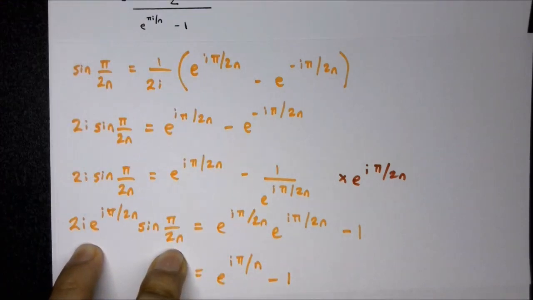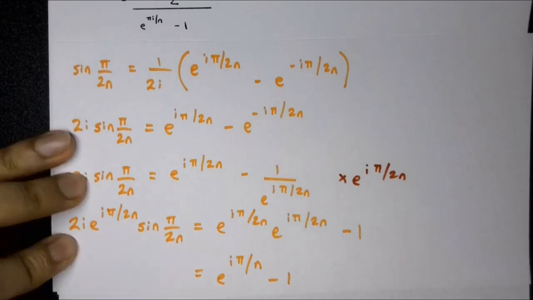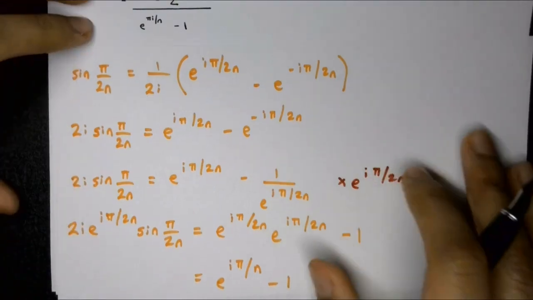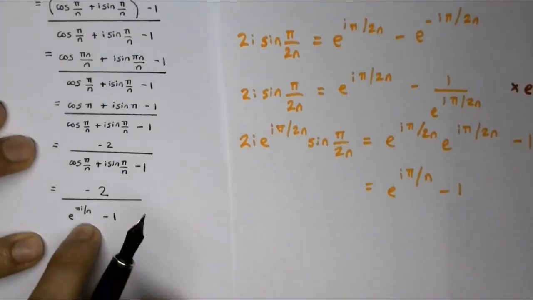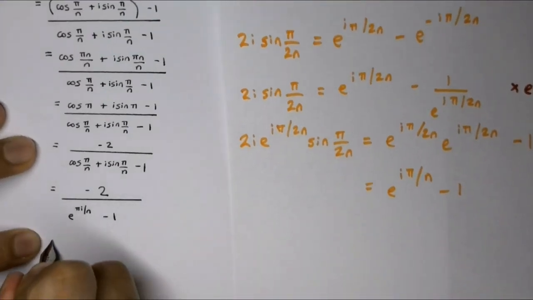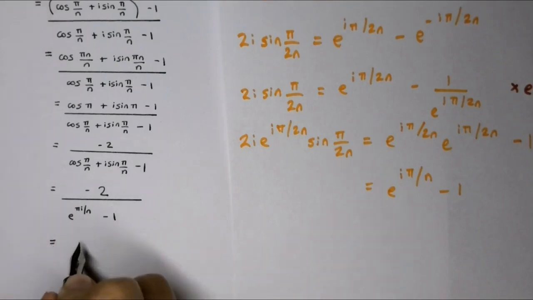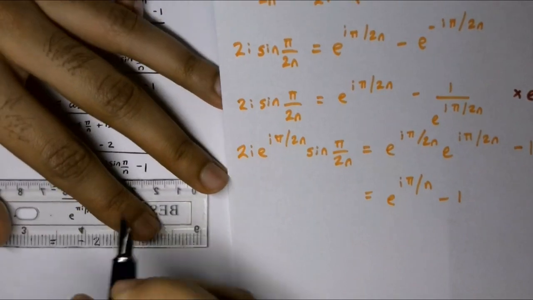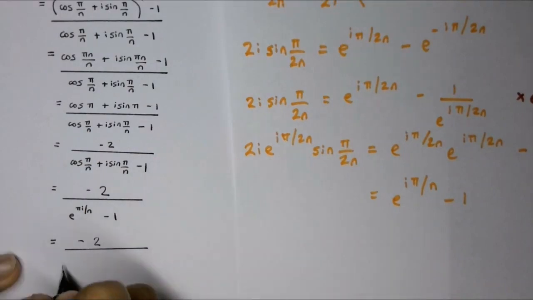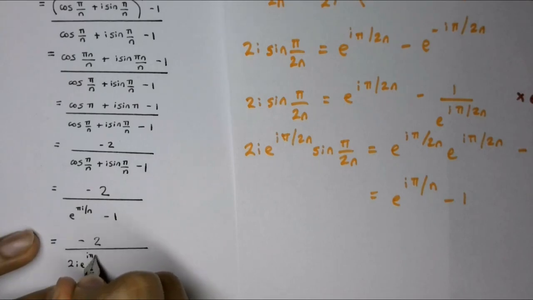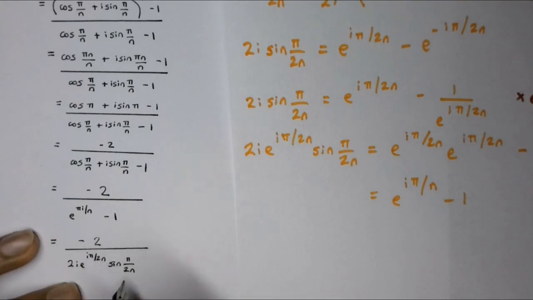And if we do that, let's just write this down. So what we've managed to do somehow is find something for the bottom term. On the top, we've got this minus 2, and on the bottom, we have this result over here, 2i e to the i pi over 2n times by the sine of pi over 2n.